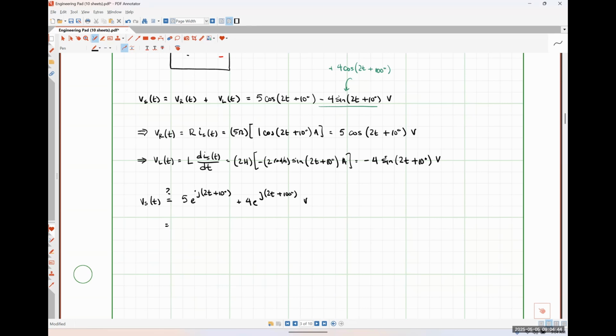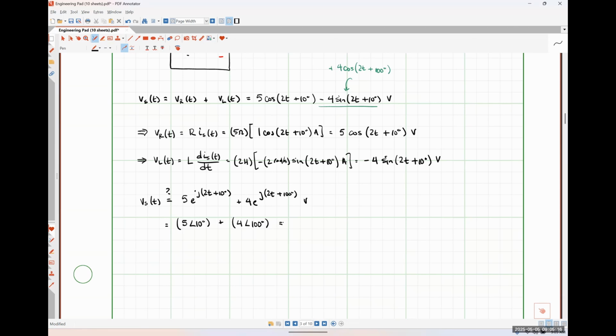But I can't put this in my calculator like this. So instead, I'm going to use polar form. And remember that polar form is just a shorthand notation for exponential form, where we only keep the magnitude and the phase angle, okay? So this to me would look like 5 with an angle of 10 degrees, and this guy over here looks like 4 with an angle of 100 degrees.